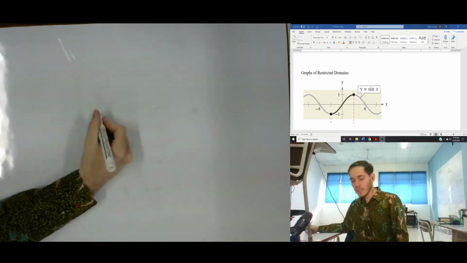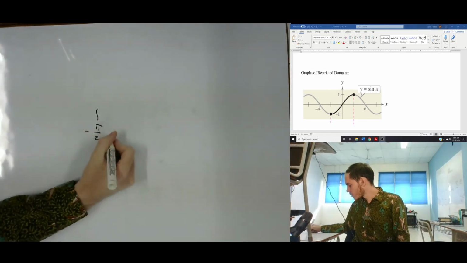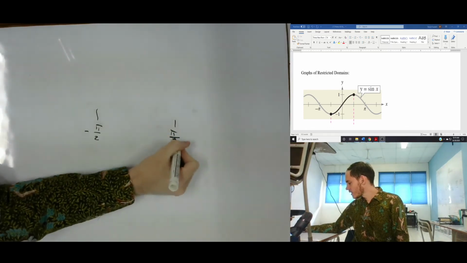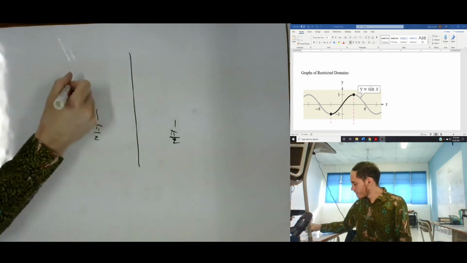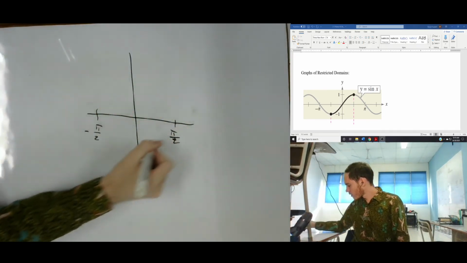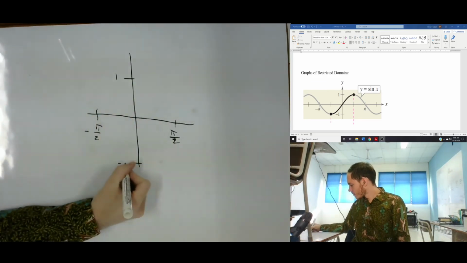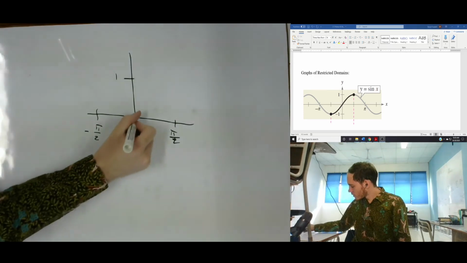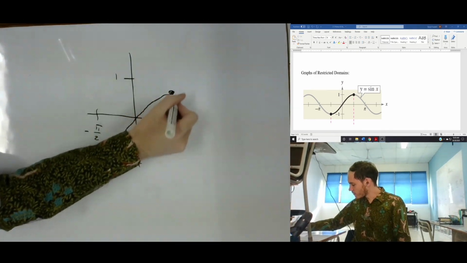So the easiest way to do this is between negative pi over 2 and pi over 2. Could you do a different section? Yes. But the idea behind that is that you're increasing on this domain.